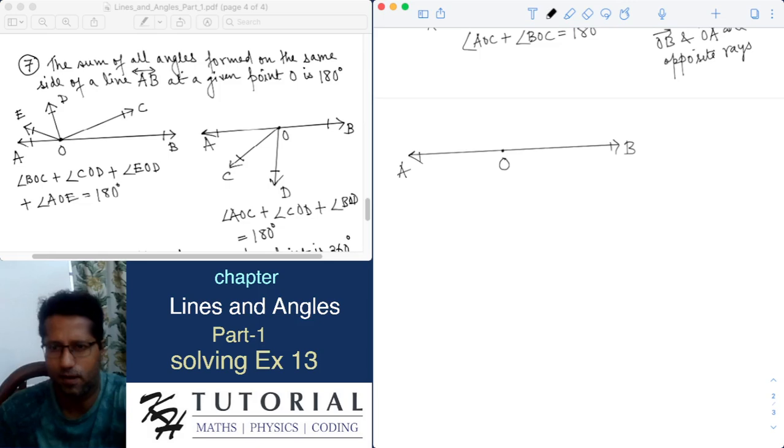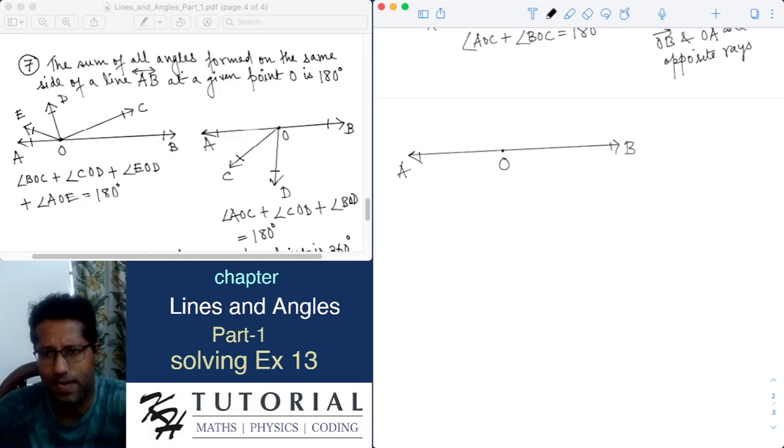This means that we have to consider all angles only on one specific side. Since this line is horizontal, we can consider the two sides as the upper side or the lower side, above the line or below the line. If the line was vertical, we would say one side is to the left and the other side is to the right. Now for this horizontal line, let's consider the side above the line. If you want to make an angle, you drop a ray at the point O. So let's say I am dropping a ray at the point O, OC.